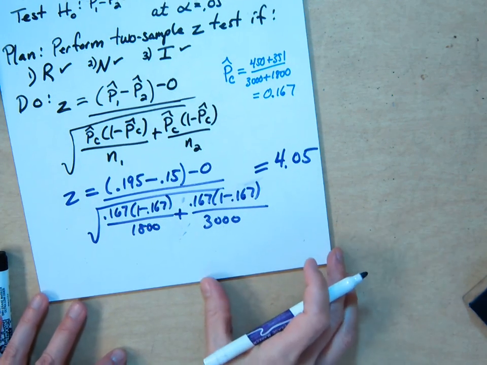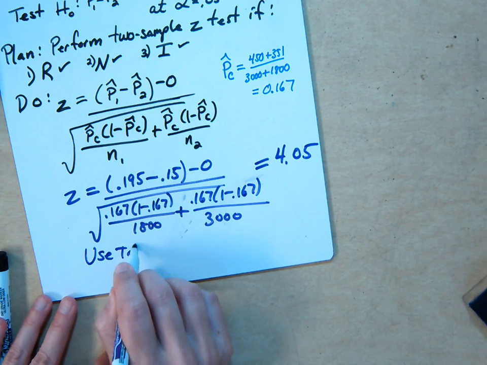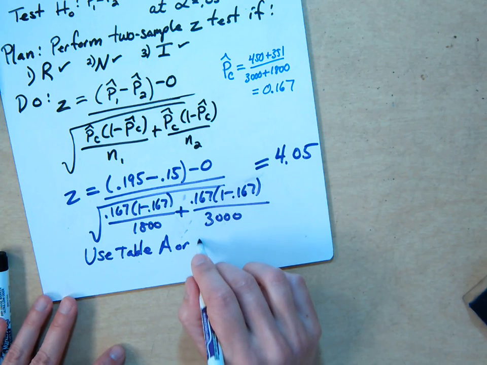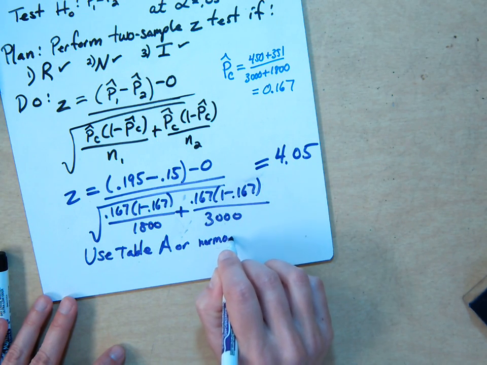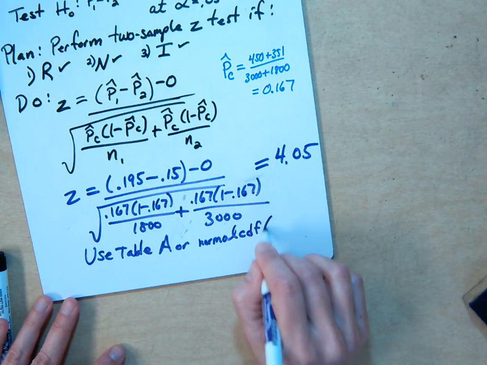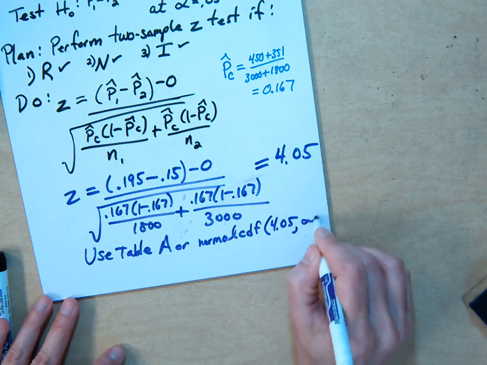So you can use table A, and I'll show you how. Or you can just say normal CDF on your calculator to find the p-value. Normal CDF, and we want to go from 4.05 up to infinity.